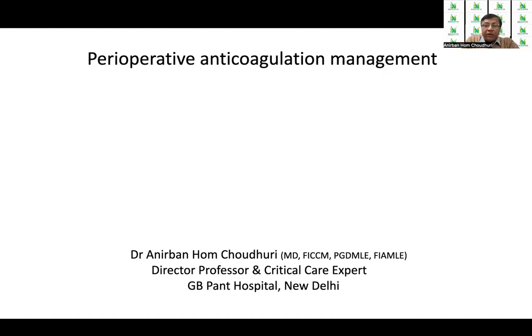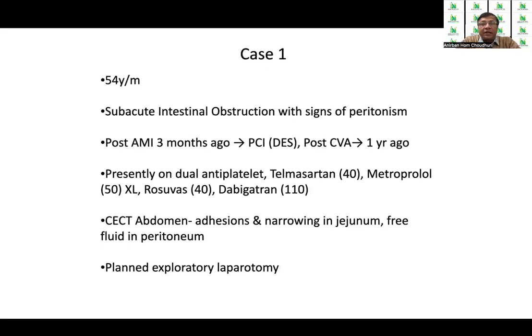So let us start with this illustration of a 54-year-old male with subacute intestinal obstruction and signs of peritonism, who has a history of acute MI 3 months ago and underwent stenting with a drug-eluting stent, and who also has a history of stroke 1 year ago.